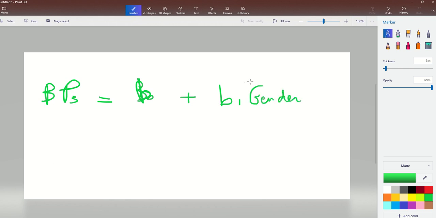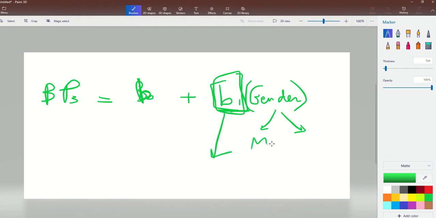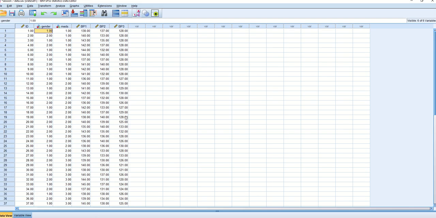Okay, so we write it this way. And the value of this slope is going to be the difference between men and women. And in fact, when you look at the test for beta 1, you will find that the test for beta 1 is exactly equal to the t-test when we compared men to women. Okay, let's go back to our SPSS and do all of this.